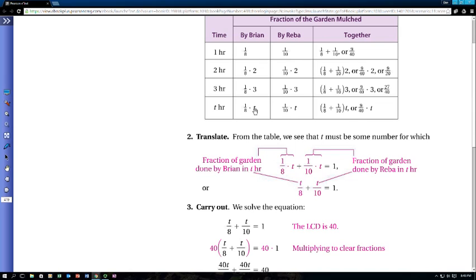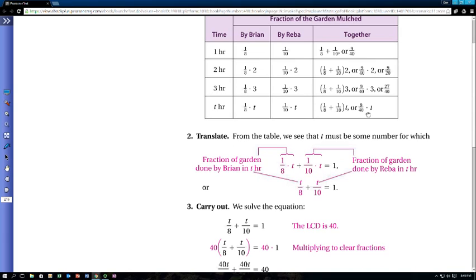He does 1/8 per hour times the hours, or T in this case. Reba does 1/10 T. Together it ends up being 9/40 T. Well, what does this need to be equal to?